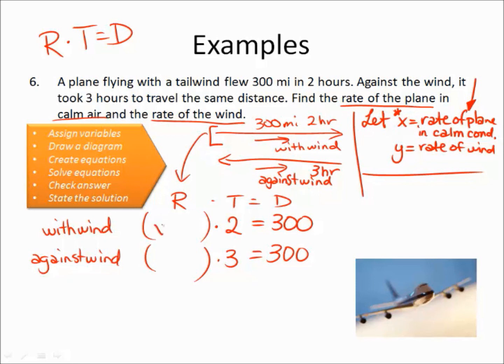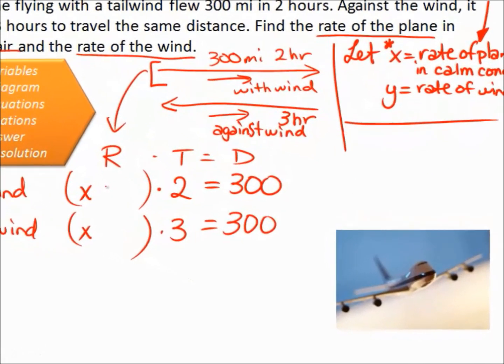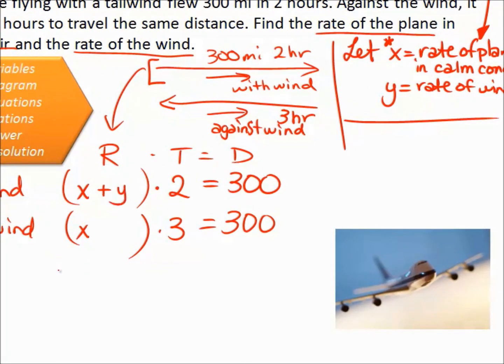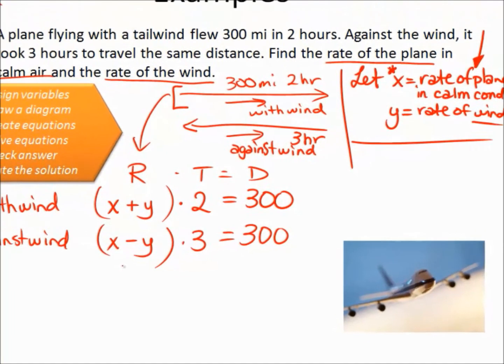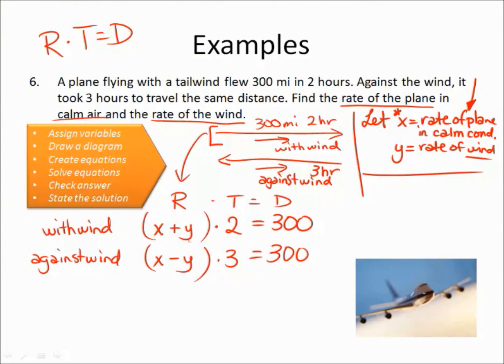So let's start with x as the speed of the plane, but then when it's going with the wind, it's being sped up by the rate of the wind. However, when it's going against the wind, it's being slowed down by the rate of the wind. So there we have it. With the wind, we've got x plus y.